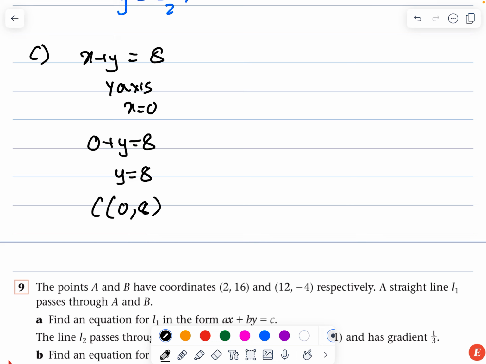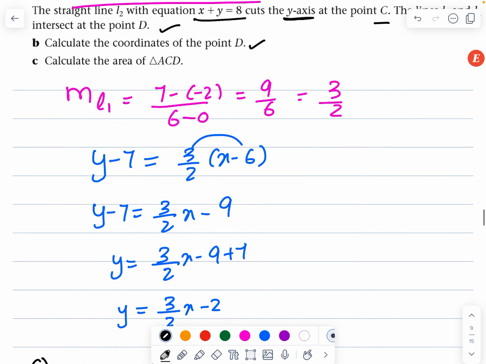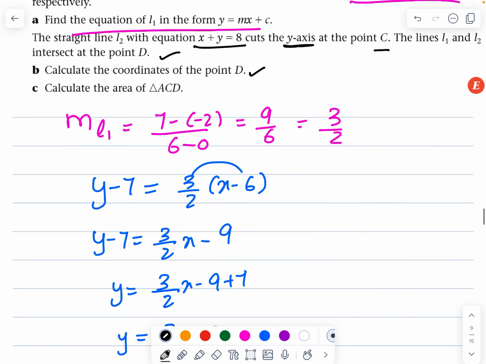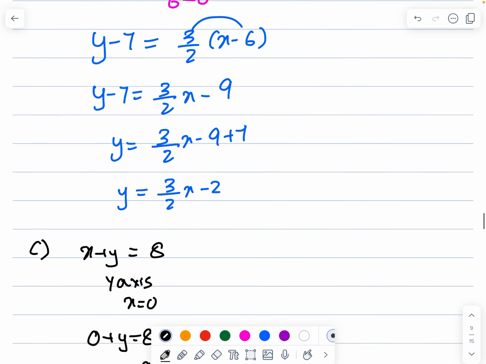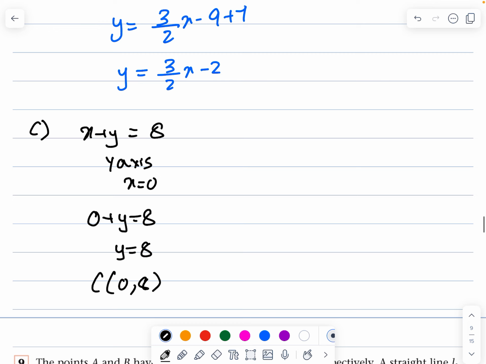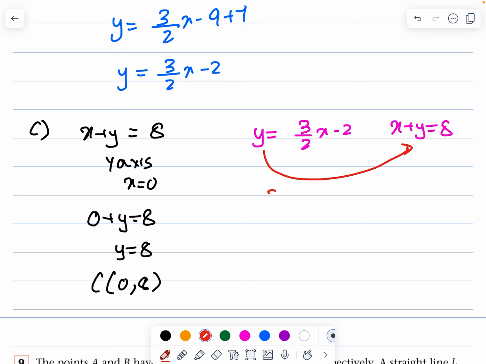Now find the coordinates of D. Lines L1 and L2 intersect. What is L1? L1 was y equals 3 upon 2 x minus 2, and L2 is x plus y equals 8. So we know that y is this one, plug it in over here. So x plus 3 upon 2 x minus 2 equals 8.